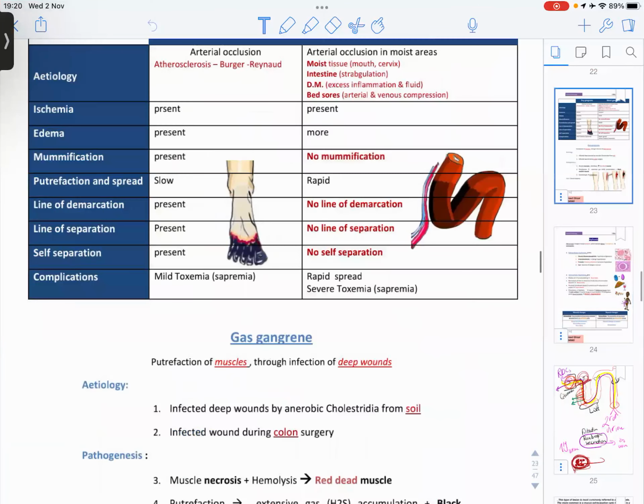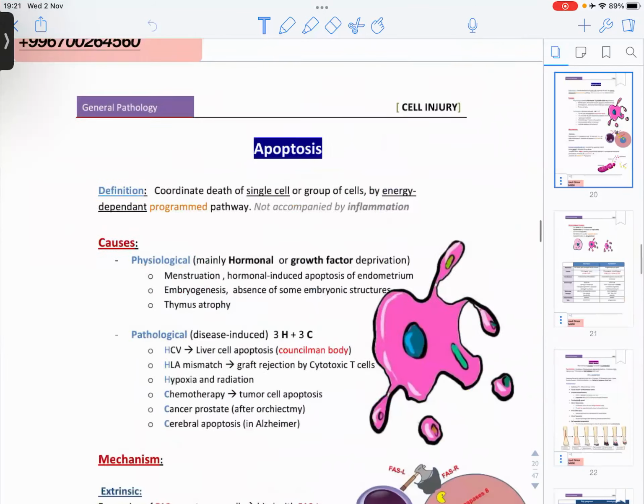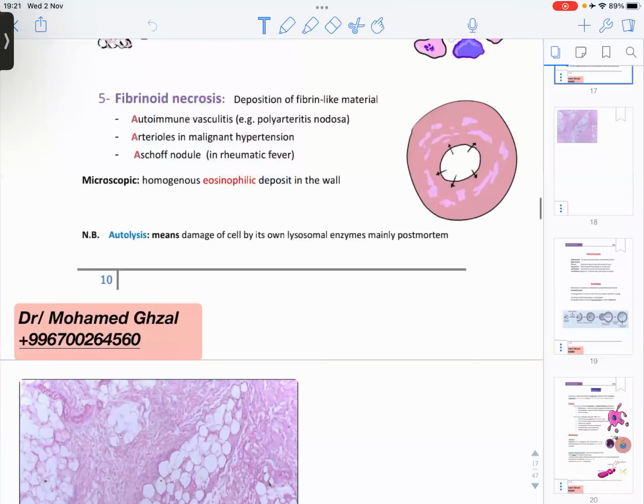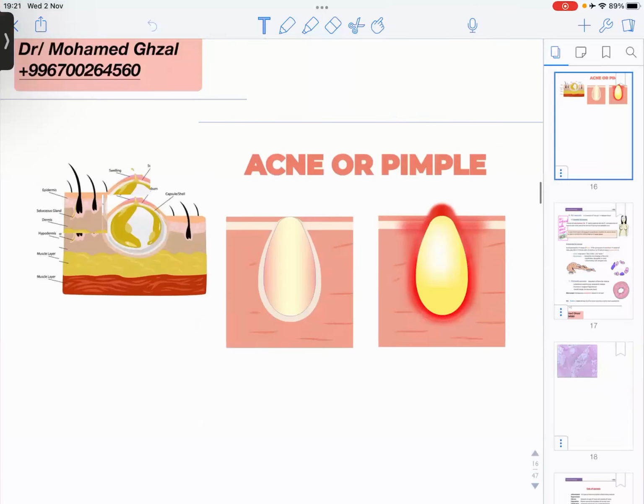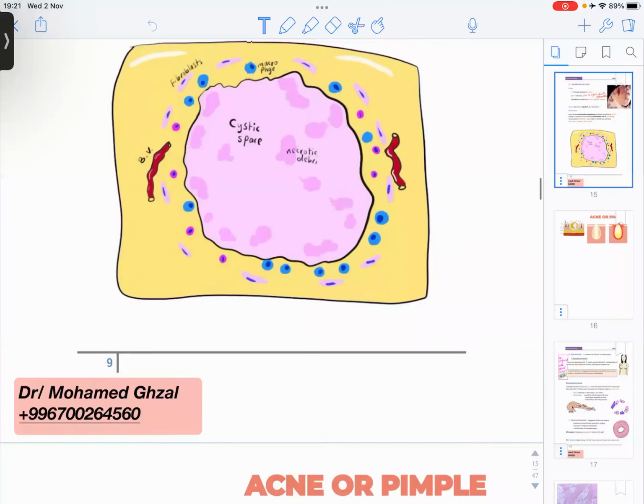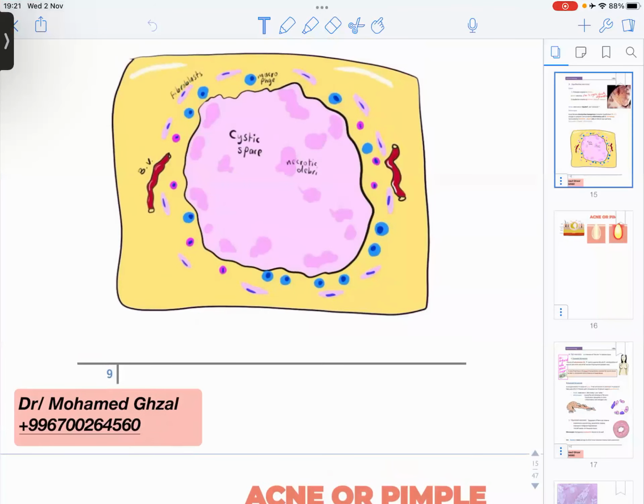So last time we talked about reversible cell injury, and the differentiation between reversible and irreversible cell injury: the point of no return is if the damage happens in the cell membrane, mitochondria, or nucleus. If the damage happens in one of these three components, the injury will be irreversible.